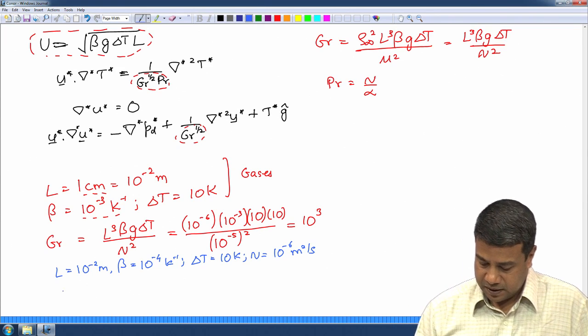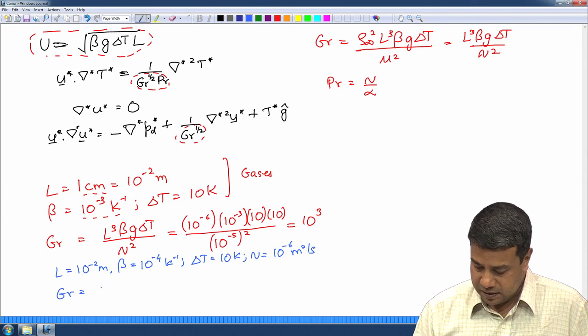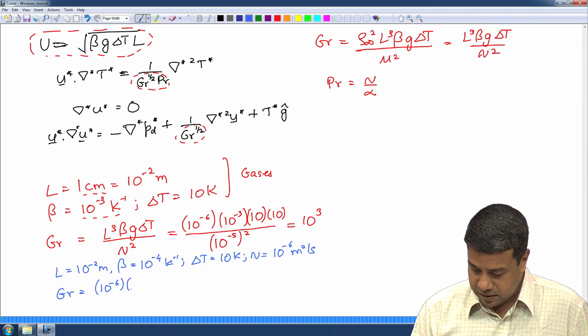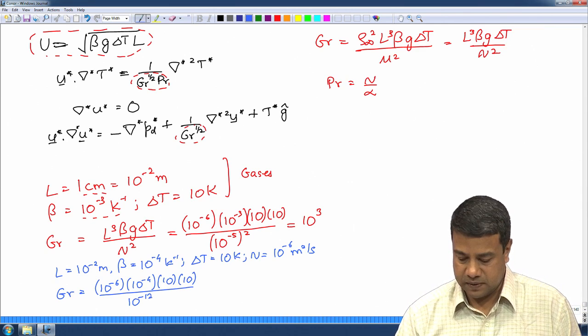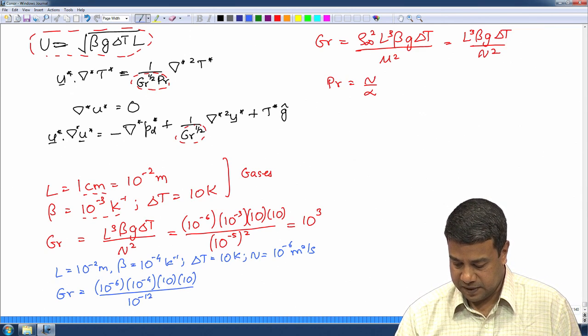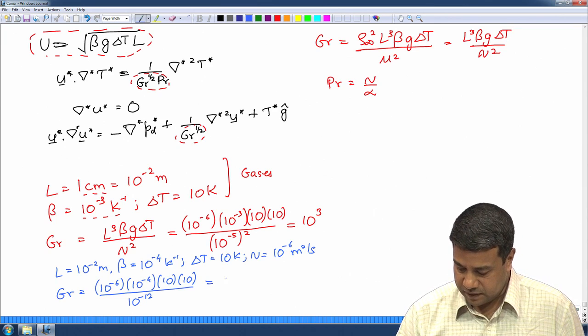The Grashof number will become length cubed, 10 power minus 6, into 10 power minus 4, gravity 10, temperature 10, divided by 10 power minus 12, because I have a kinematic viscosity square in the denominator. This is of the order of 10 power 4.